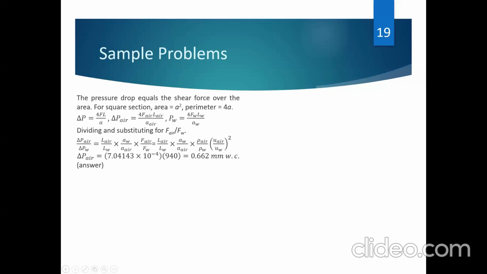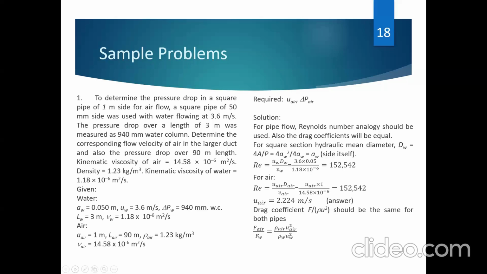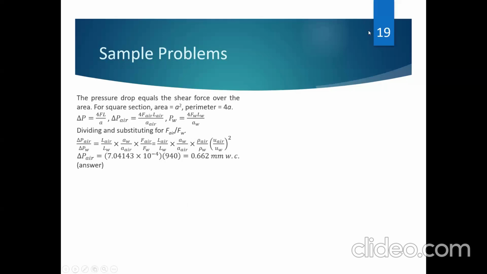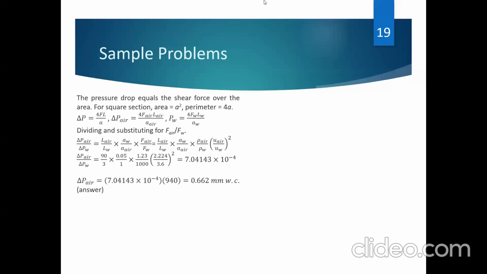So ayan. Dito na, delta P air over delta P_W is 90 over 3 times 0.05 over 1 times 1.23 over 1,000, the density of water, times 2.224 over 3.6 squared, which is 7.04140 times 10 to the negative 4. Dito yan galing. Okay?